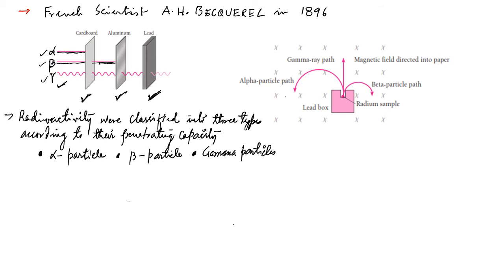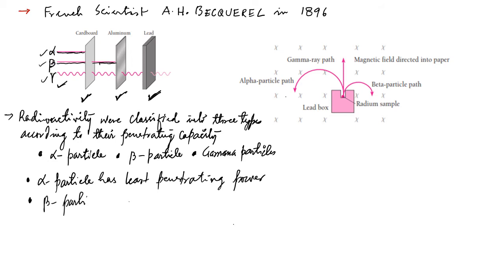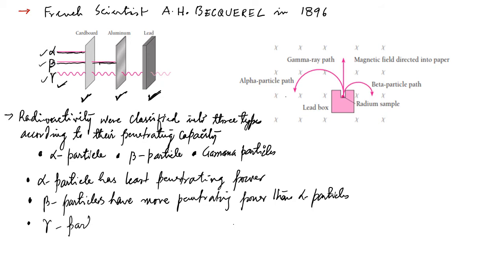So we can write it here as a point that the alpha particle has least penetrating power, beta particles have more penetrating power than alpha particles, and gamma particles have the most penetrating power than alpha or beta particles.